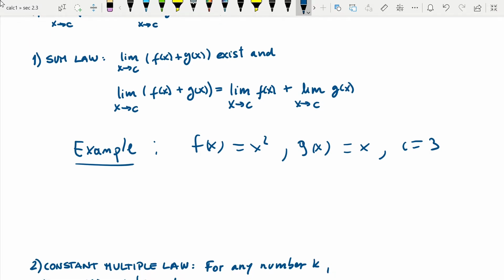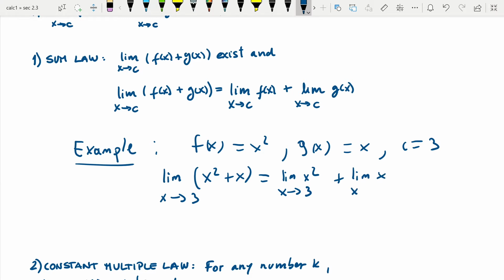Then this law tells us that if you wanted to compute the limit of x squared plus x as x approaches 3, that will be the same as the limit of x squared as x approaches 3 plus the limit of x as x approaches 3.